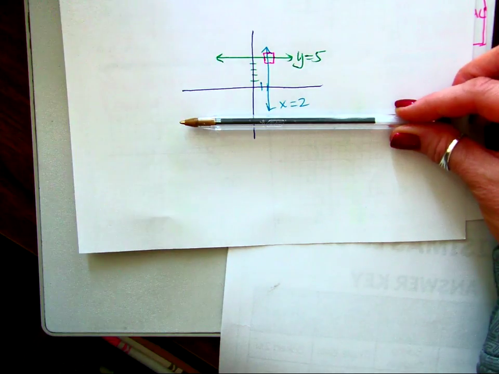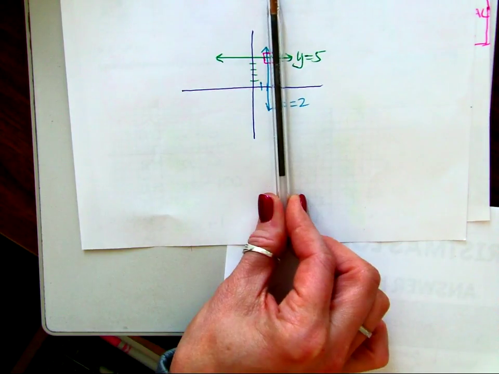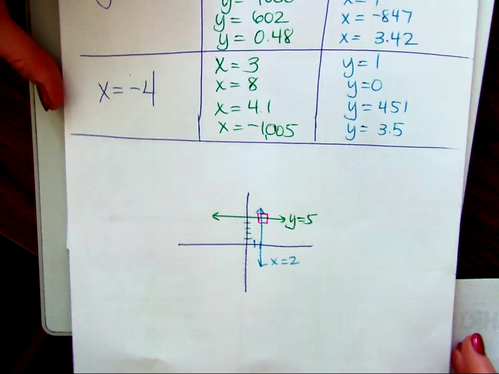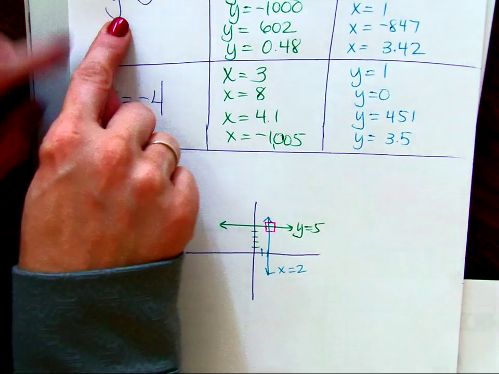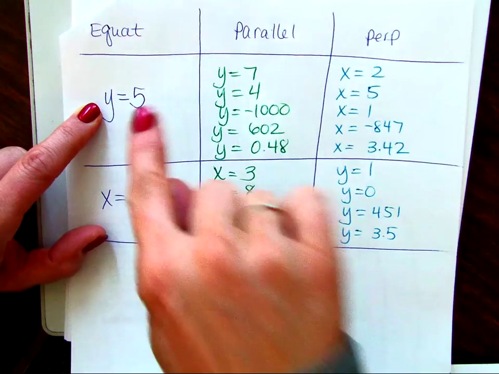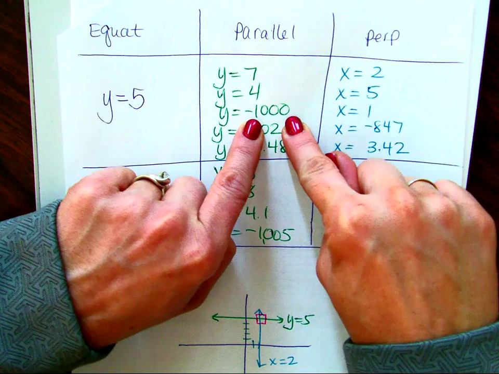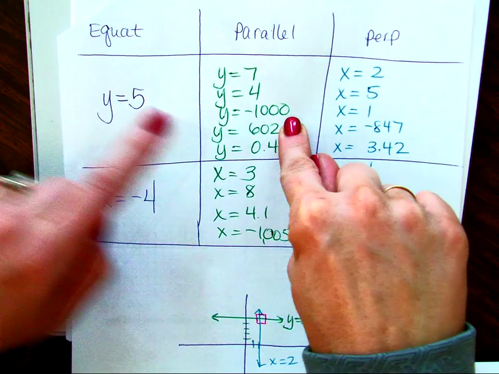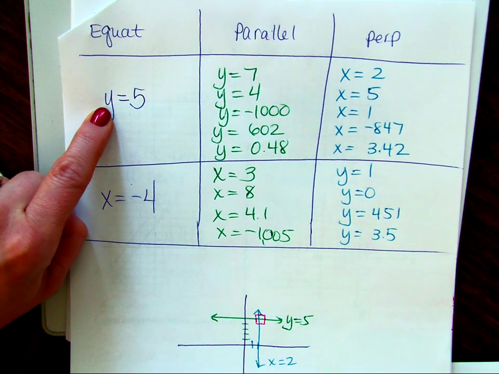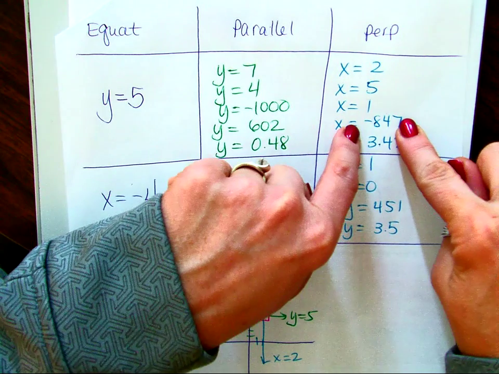But perpendicular to a y equals is an x equals. You with me? So we created this handy chart: if I give you a y equals and ask for an equation parallel to it, it's got to be another y equals. If I ask for a line perpendicular to it, then perpendicular to y equals would be x equals.